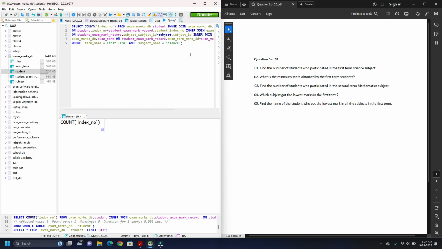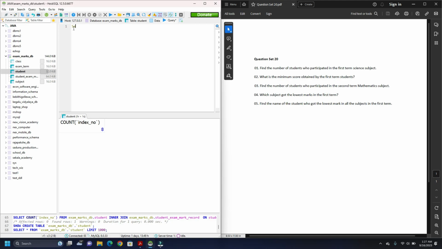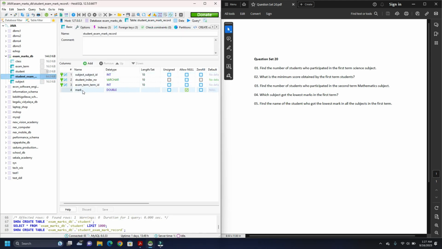And on to the second question. What is the minimum score obtained by the first term students? So in order to do that, we have to write a select query here as well. So select, to find the minimum score, we have to write min. So the score is taken from student exam mark record table.